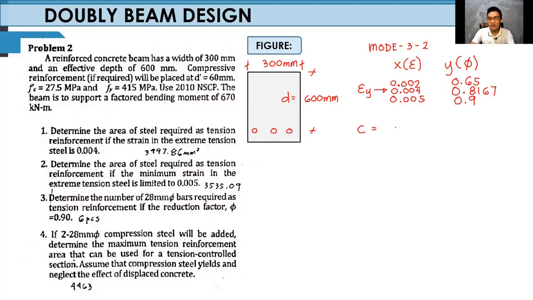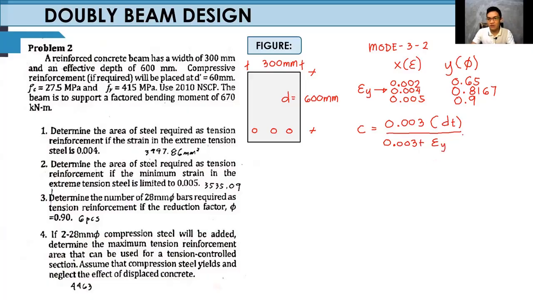So lagay natin doon yung c natin na formula, yung nasa ating formulas: 0.003 multiplied by our d, or dt total, divided by our 0.003 plus yung ating epsilon na given, or for this type of question is epsilon t.